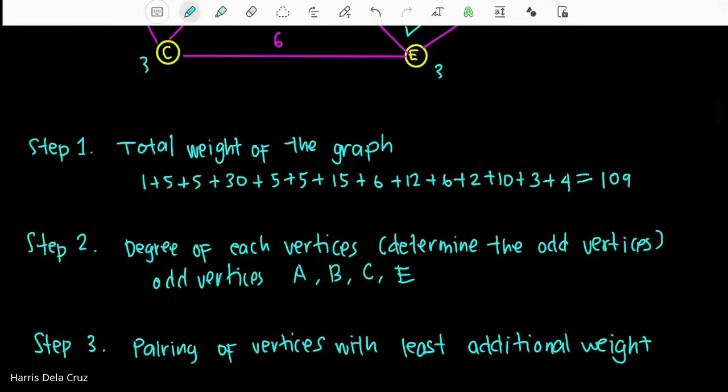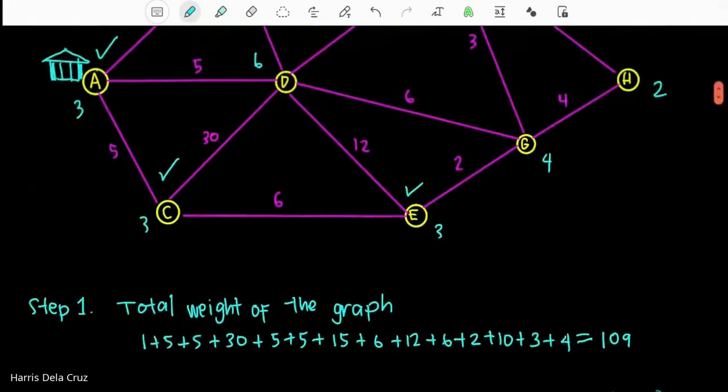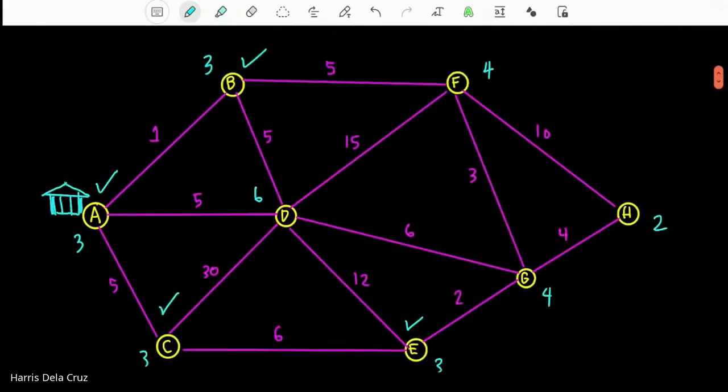So we have multiple scenarios. We can pair AC. If we pair vertex AC, then the other pair will be BE. So that's one scenario.